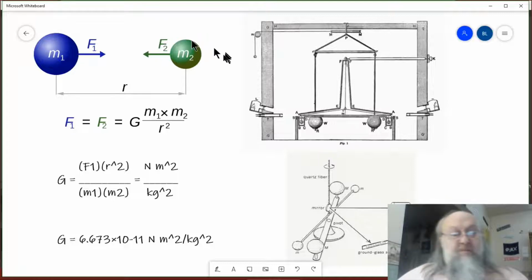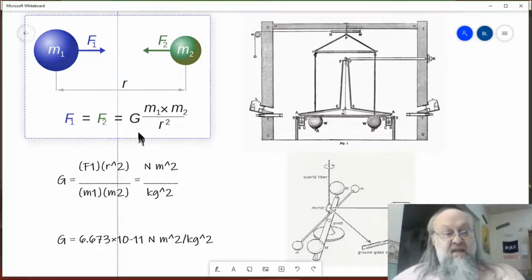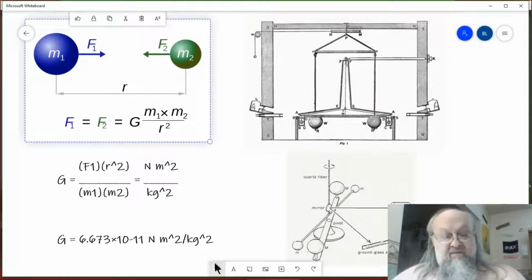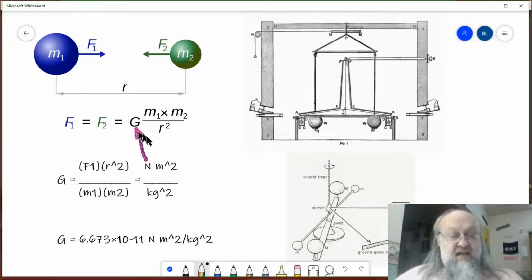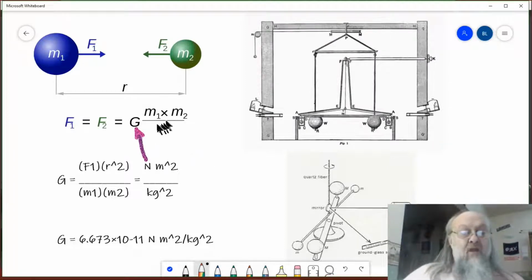Well, you multiply them by this. We call this a constant because it doesn't change. I'll mention that again in a second. But basically, doing your math, and you don't need to memorize this, just make sure you understand what I'm doing, you want to get G by itself.